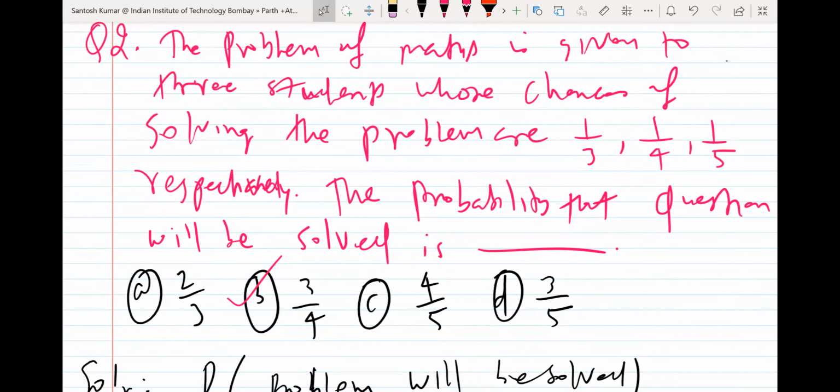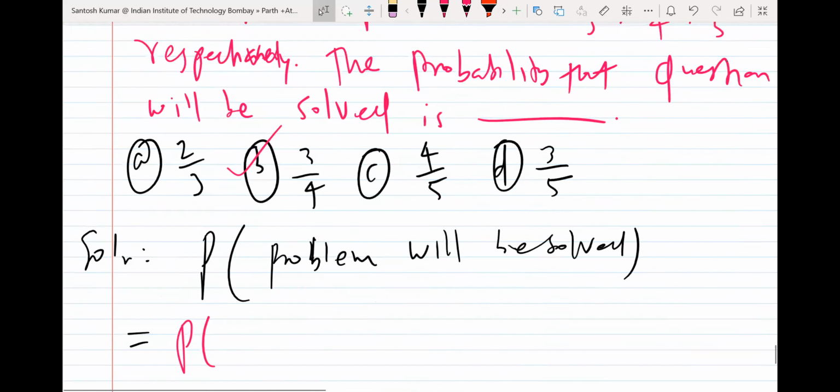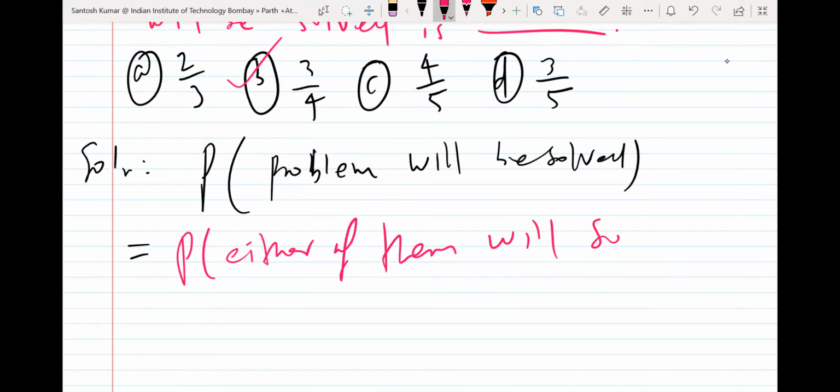The question will be solved means either of them will solve the problem. Either A will solve or B will solve or C will solve. Maybe A and B both solve. It is something like A union B union C.